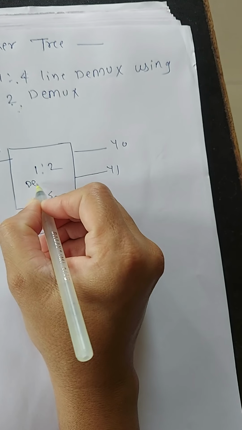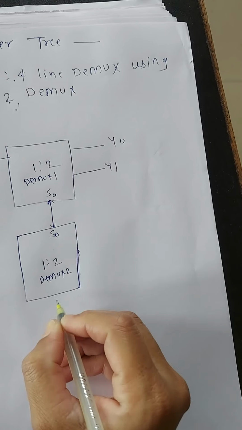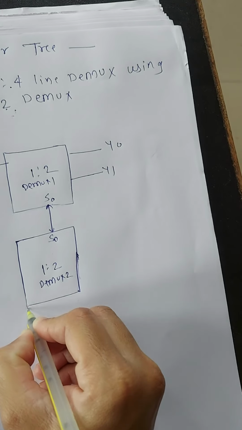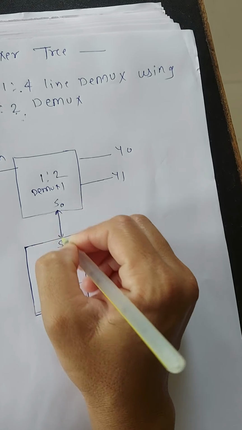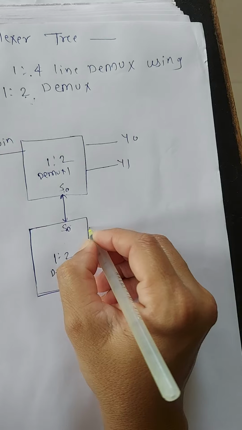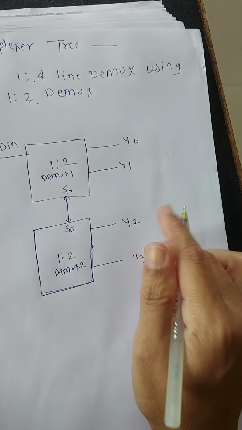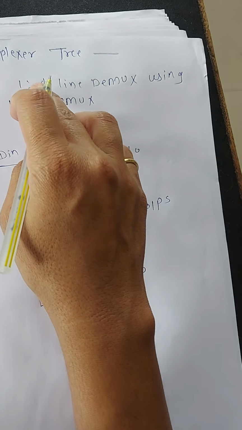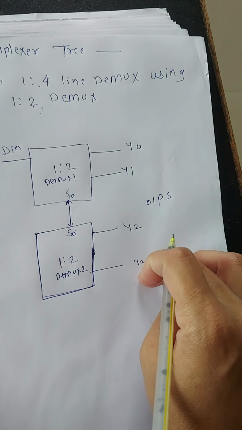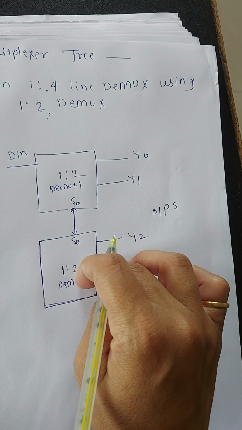This is demux 1 and this is demux 2. For the second demultiplexer the outputs are Y2 Y3. Since the 1:4 requires 4 output lines, we cascade the 1:2 demultiplexers.